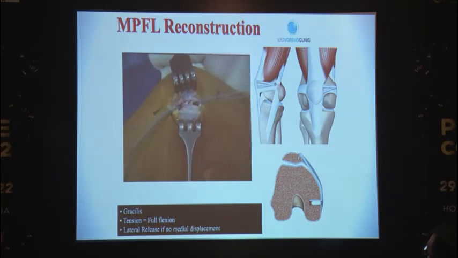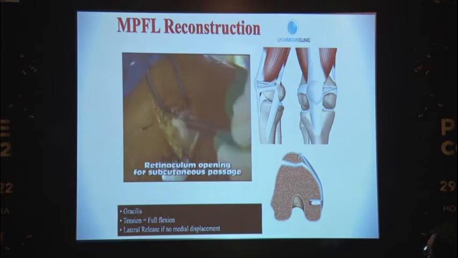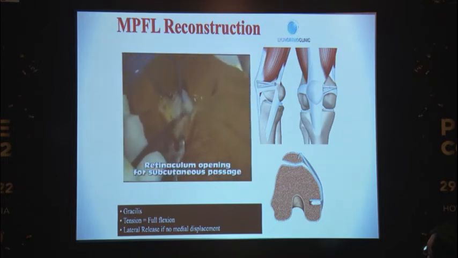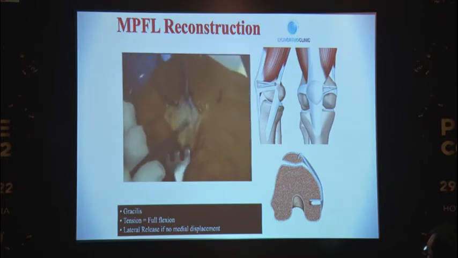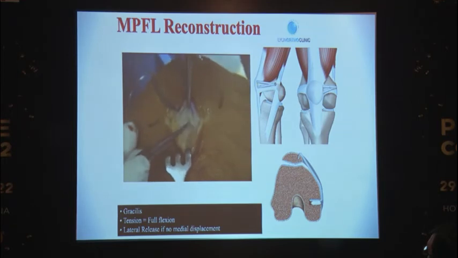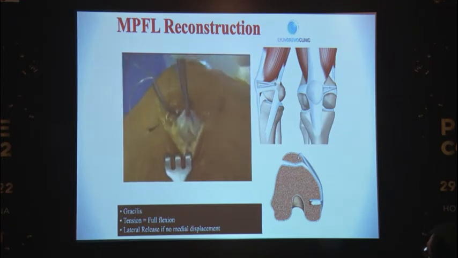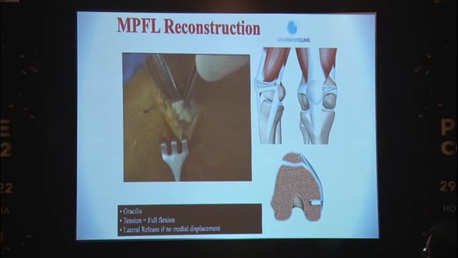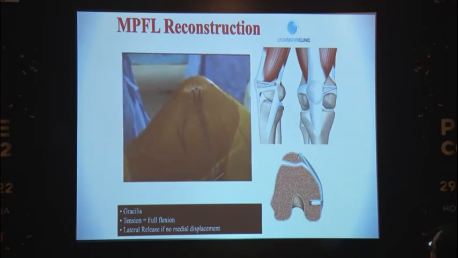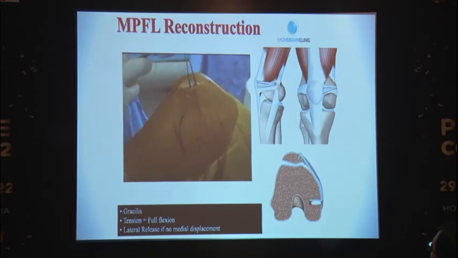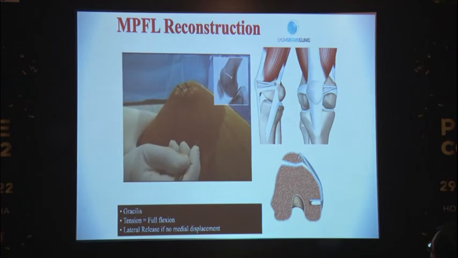Then I can pass my semitendinosus or my gracilis in those tunnels, and I find the second layer. And it's very easy because you go just below the VMO, and with the tip of your knife, you will find when the color is changing, you find the synovium, and this is the exact placement.